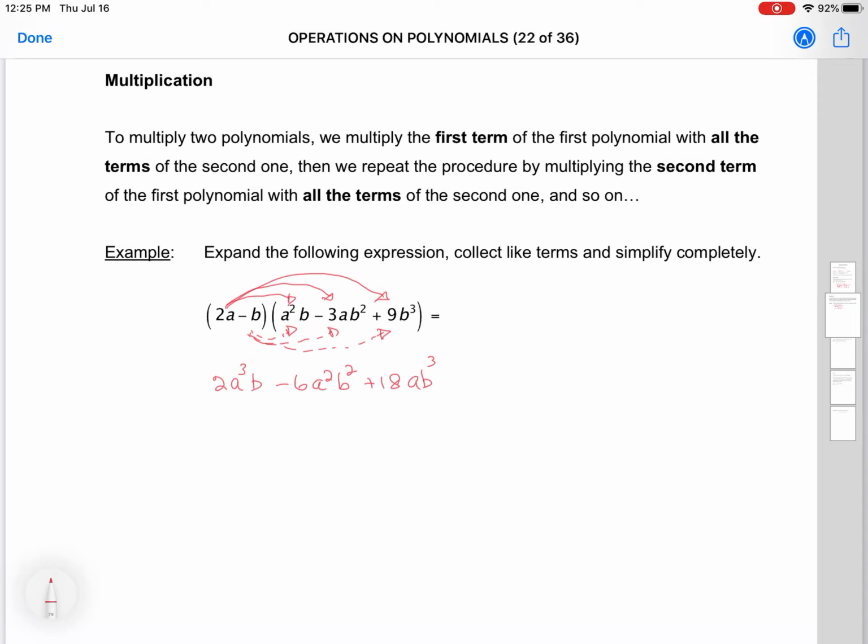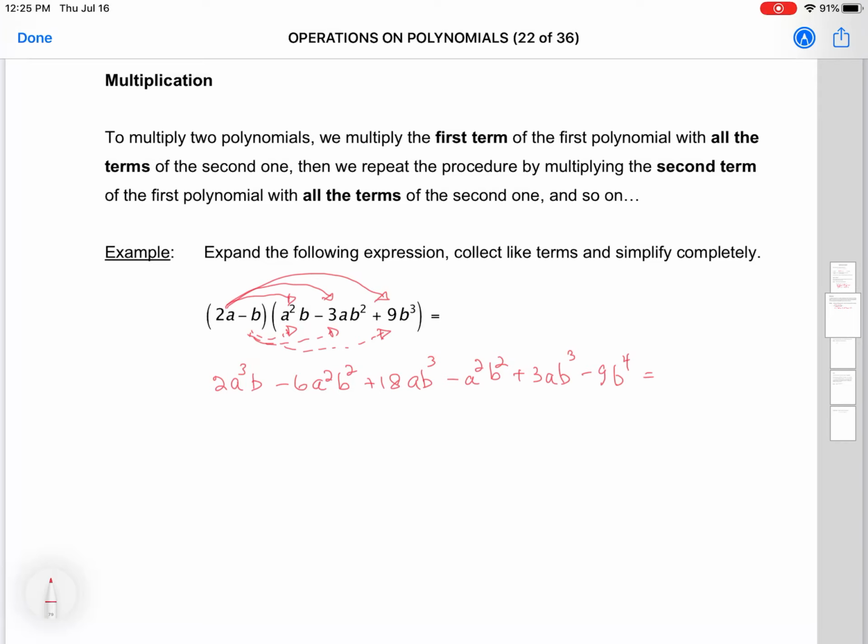Now we do the same with the second term of the first bracket, the minus b. So minus b times a squared b is minus a squared b squared. Minus b times minus 3ab squared is plus 3ab^3. Finally, minus b times 9b cubed is minus 9b to the power of 4.